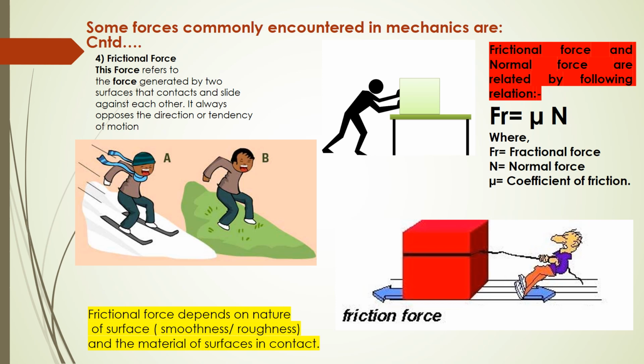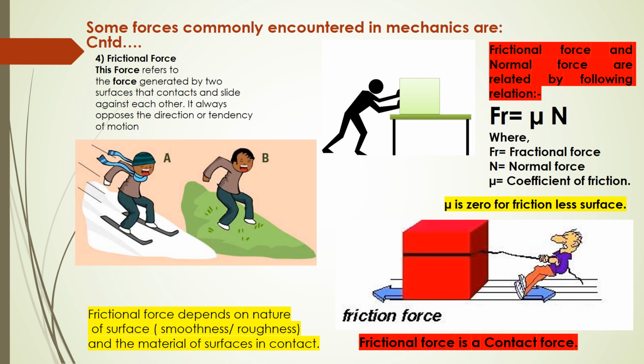Frictional force and normal force are related by the following relation: friction equals mu N, where friction is the frictional force, N is the normal force, and mu is the coefficient of friction. If mu is 0, then we're dealing with a frictionless surface. Friction, of course, is a contact force.